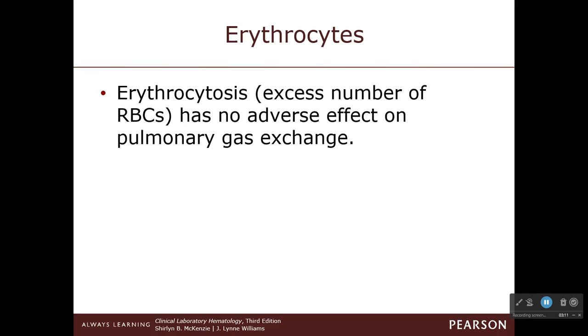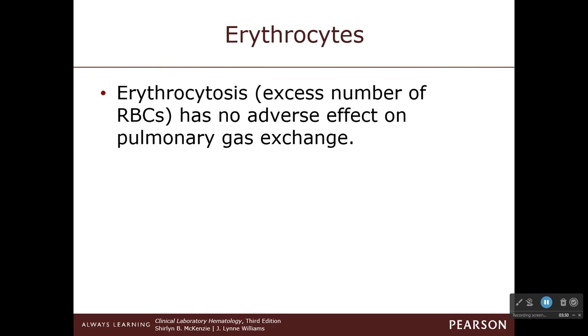Okay. New suffix, cytosis. Anytime you see the word cytosis, it means an increase in cells. Okay? So in this case, if we have erythrocytosis, that means we have an increase in RBCs, all right?